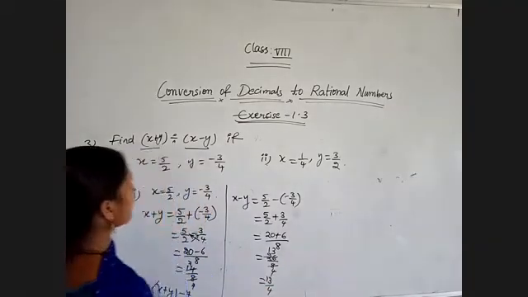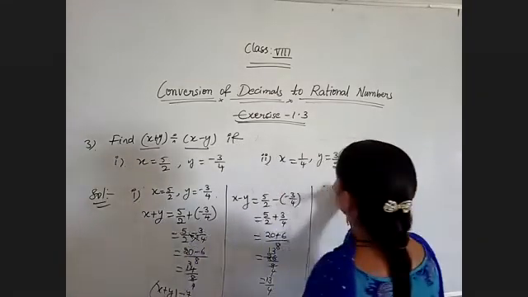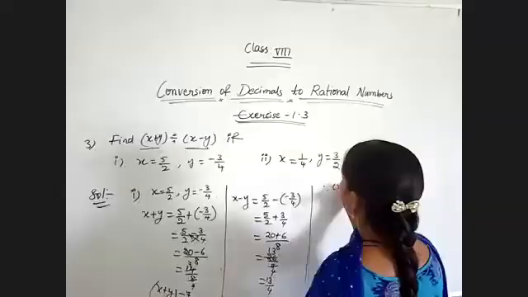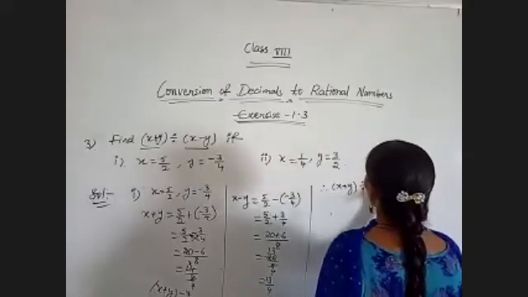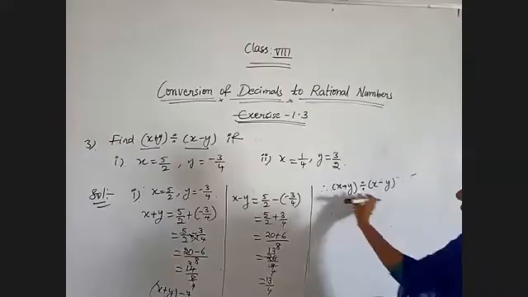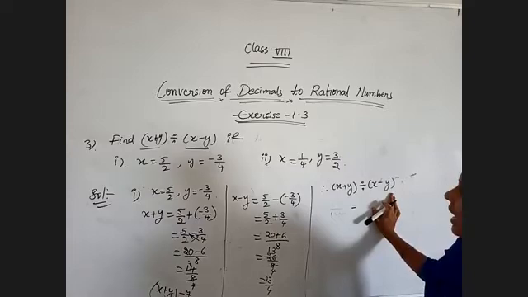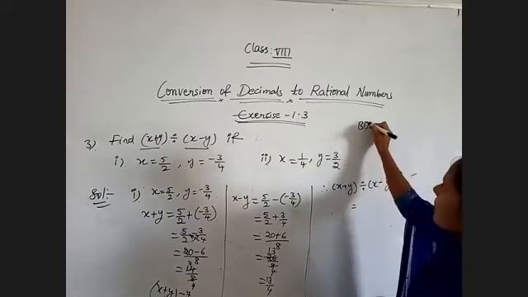So now what is the question? Therefore, x plus y divided by x minus y is equal to. So just observe here, x plus y and x minus y are indicated in brackets. So we have the BODMAS rule.